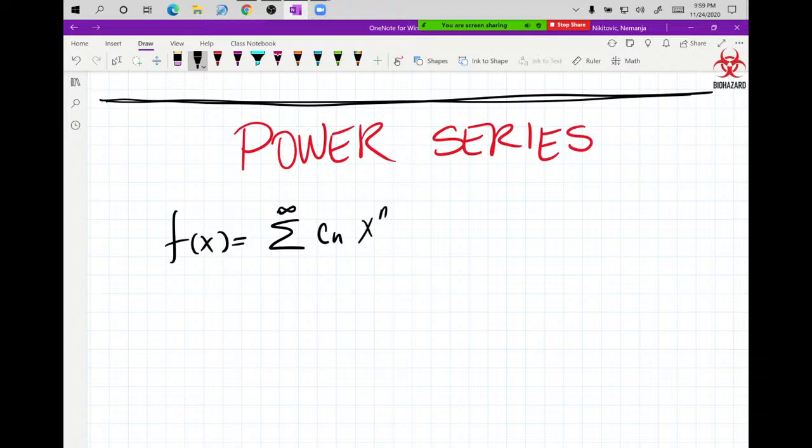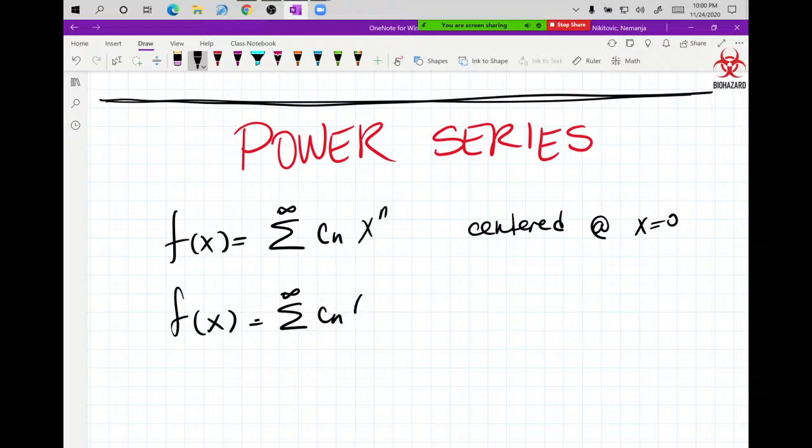So this is just what you call centered at x equals 0. And then you can also represent the power series same way, but x minus a to the n, which is centered at x equals a.